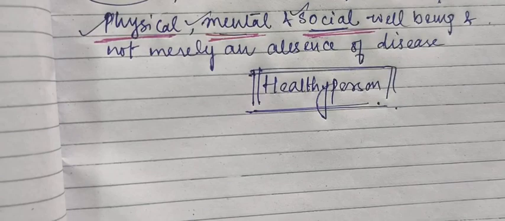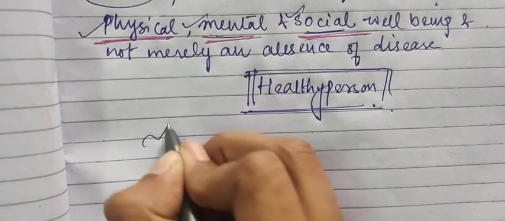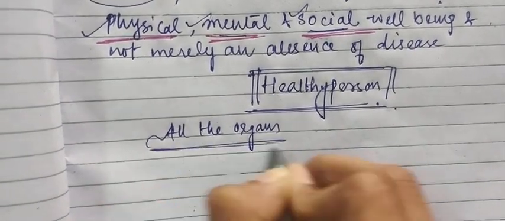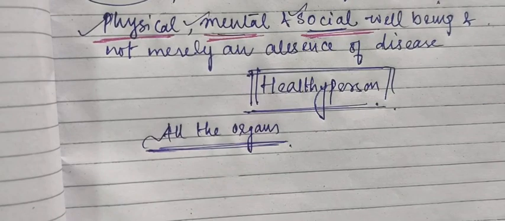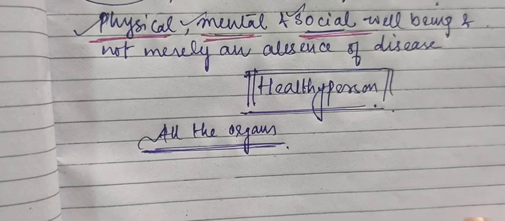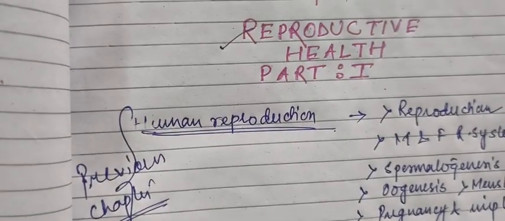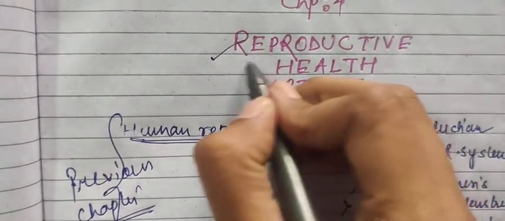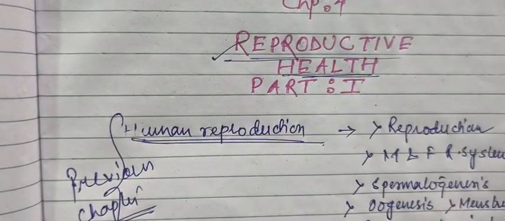In our body there are many organs, and each and every organ has its own definite function. Our chapter starts with this reproductive health.